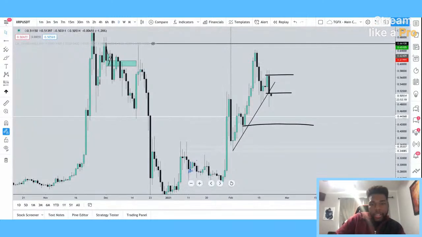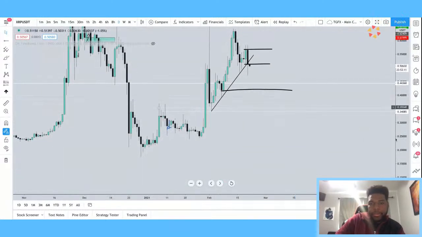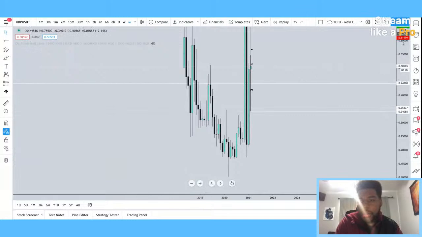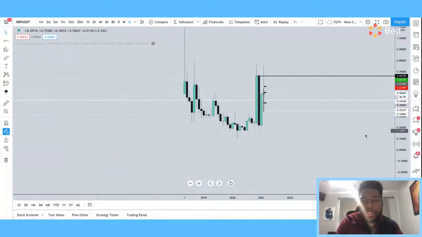Let's see. Yeah, so overall, if we look at the higher time frames, the monthly's been looking pretty, I would say overall, the monthly's probably bullish.